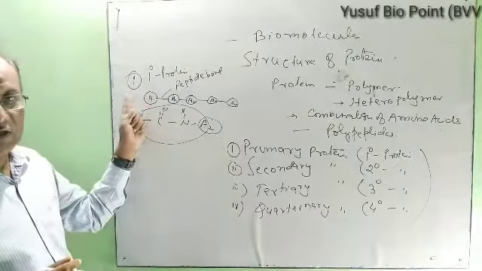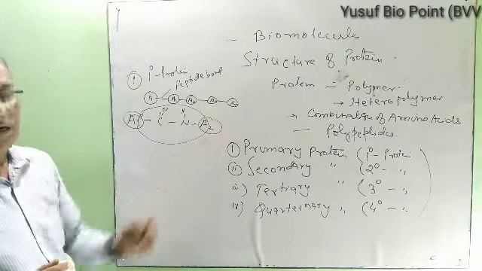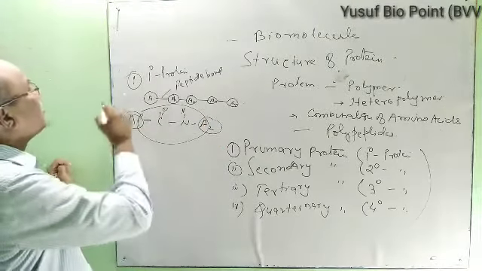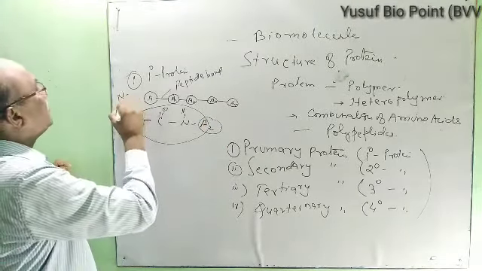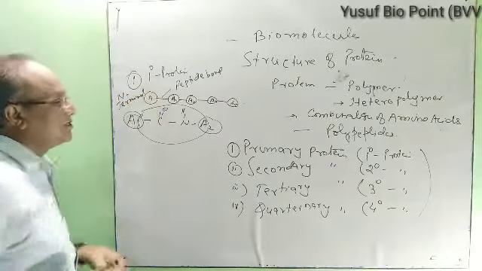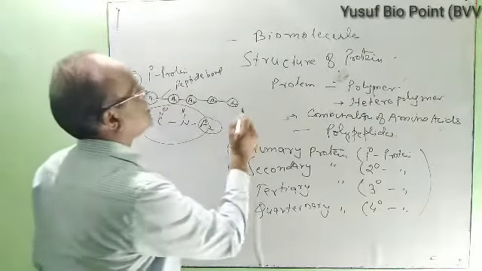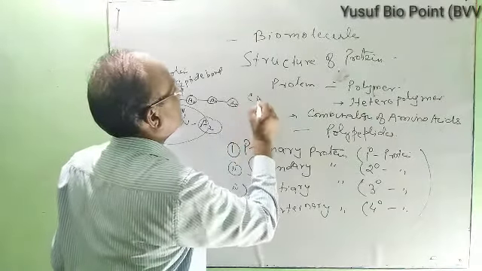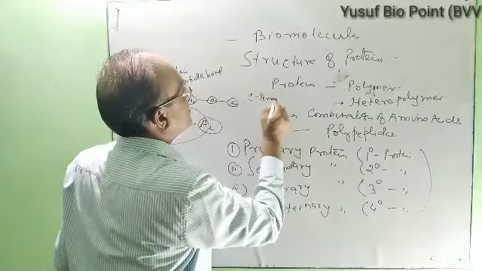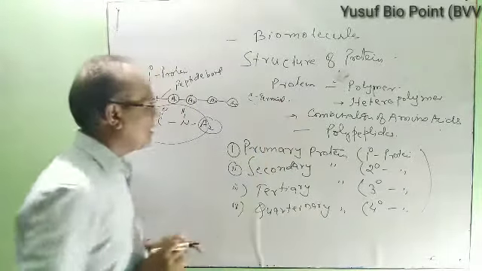Now suppose this is the first amino acid and this is the last amino acid. The first amino acid will be called N-terminal and the last amino acid is called C-terminal.